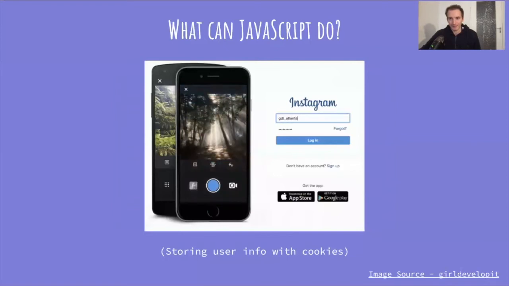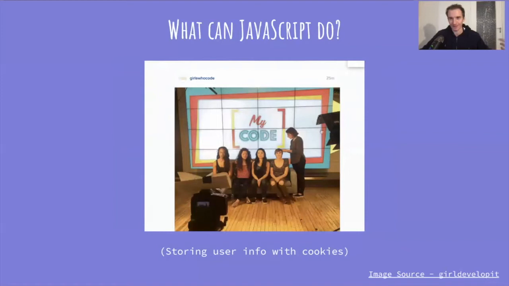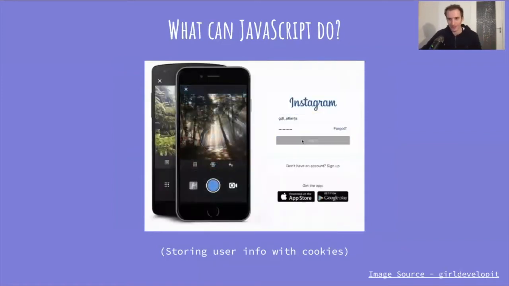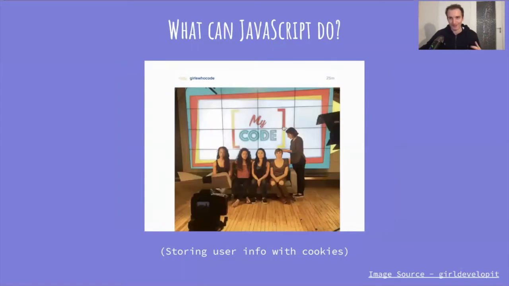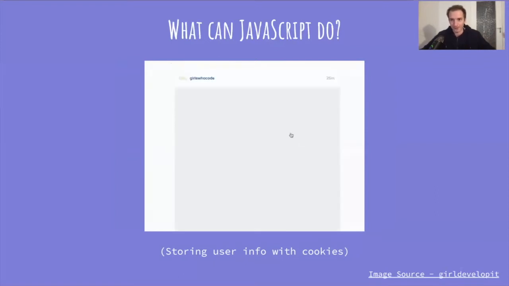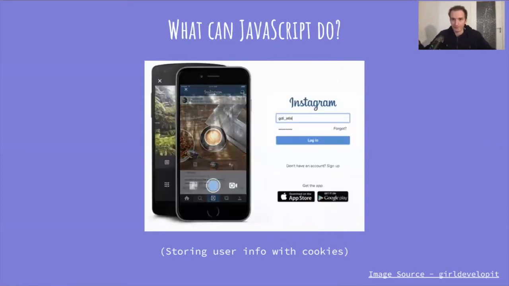So in kind of a nefarious, bad way, companies can track you across multiple different websites and sort of figure out the inner workings of your mind through which sites and which Google searches and which friends you have on Facebook or whatever. But it's also really important just to be able to keep you logged in.